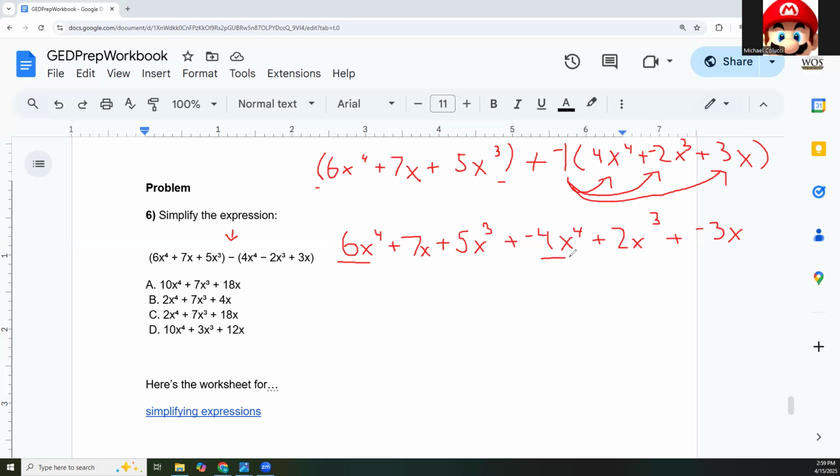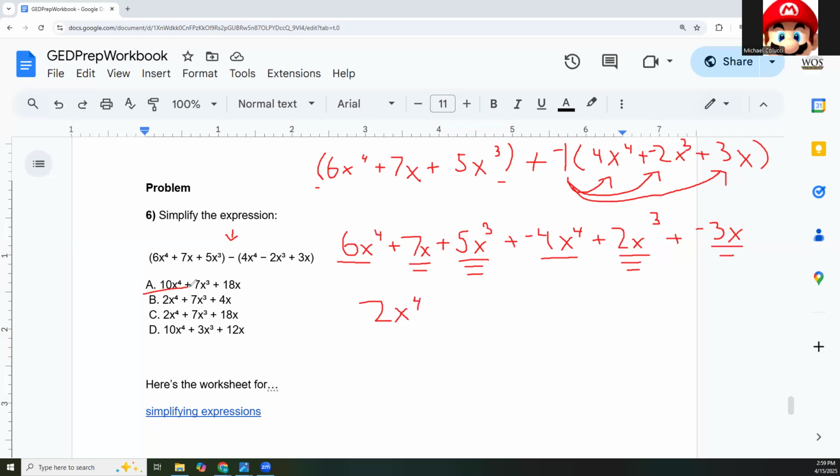X to the 4 is orange. I just made that up. Okay, so these two I can add together. I can add the 7x to the negative 3x. They have the same variable unit. And I can add the 5x to the third power to the 2x to the third power because they have the same variable unit. So 6x to the 4 plus a negative 4x to the 4 is 2x to the 4.